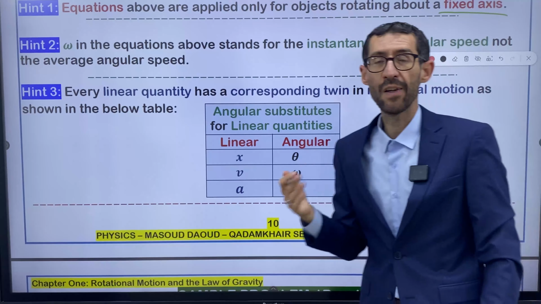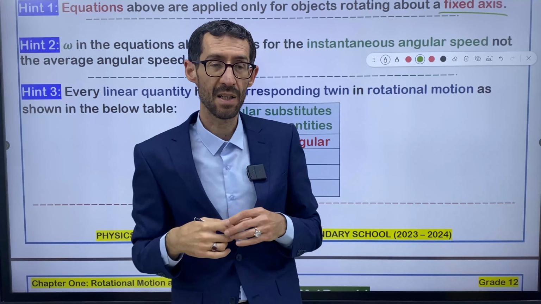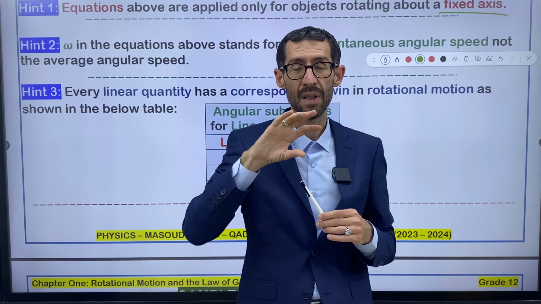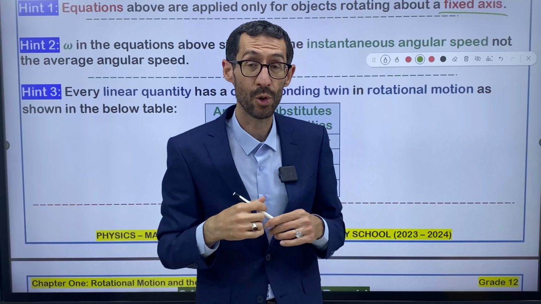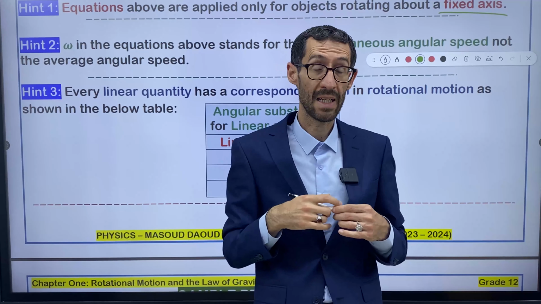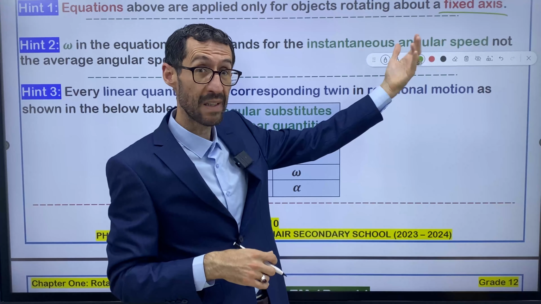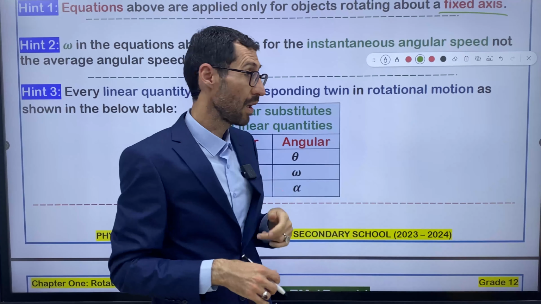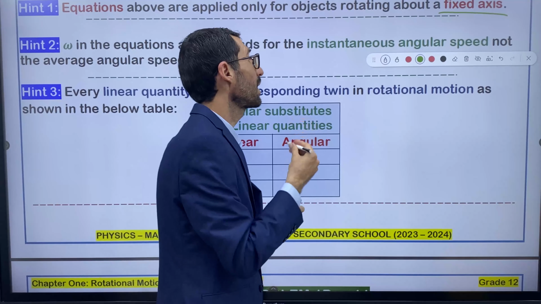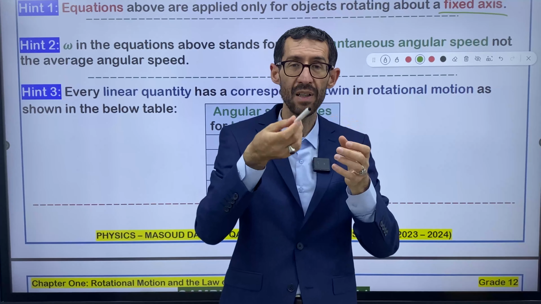Teacher, give me an example of an object with a fixed axis. For example, a Ferris wheel or a rotating tire. They all have a fixed axis. But what do you say about this one? I want to rotate this marker.